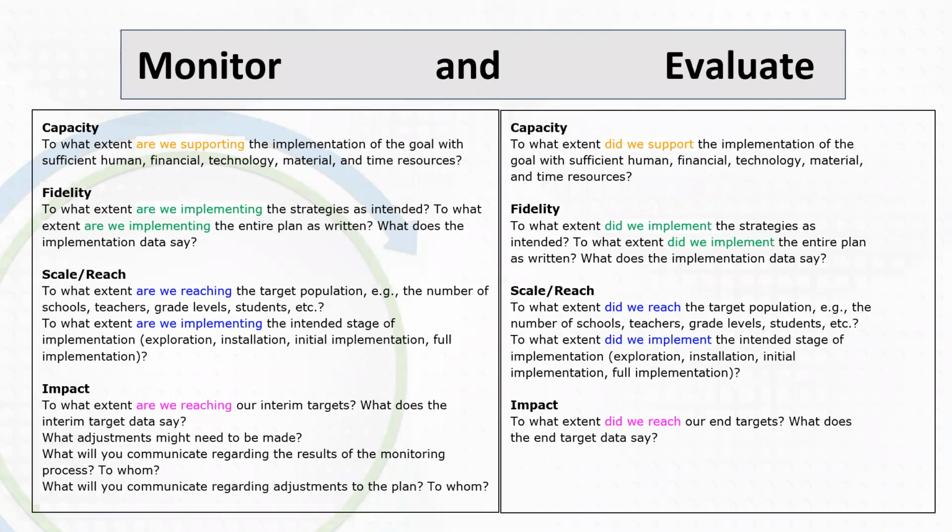So as reminded in the previous slide, monitoring and evaluation in MICIP are focused on the same things, with implementation being focused on capacity, fidelity, and scale and reach, and impact being focused on impact. Again, monitoring must be considered in every part of the continuous improvement process. Note that the questions that are part of each component are identical in this case, except for the tenses of the verbs. So the monitoring tenses are in present. The evaluation tenses are in the past.